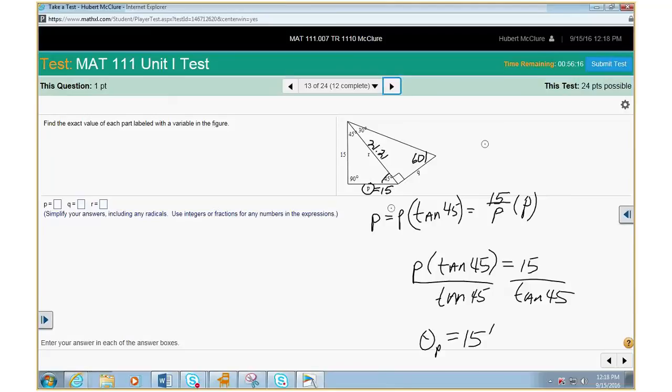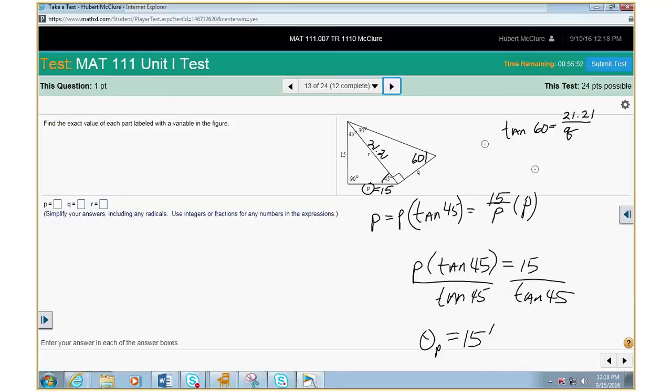21.21. Now you've got the opposite again, Oscar had a hump of apple, so the tangent of 60 is equal to 21.21 divided by Q, and then multiply or divide, however you want to do it.